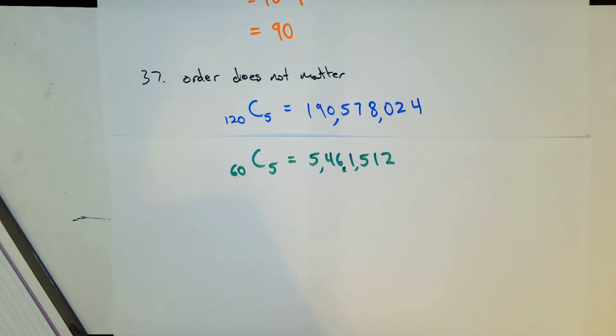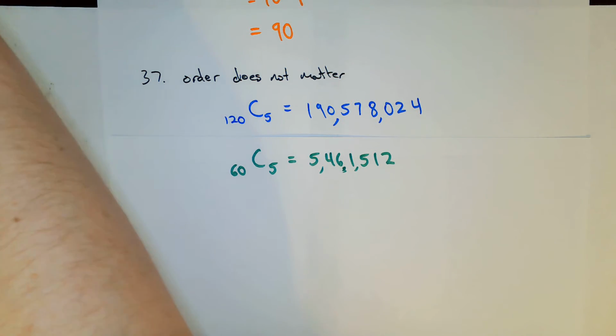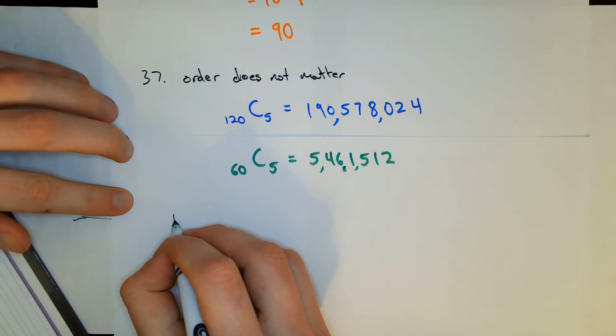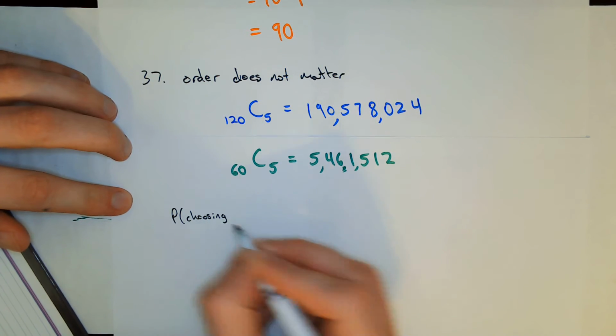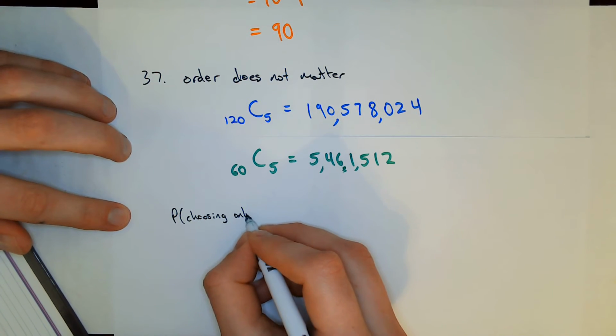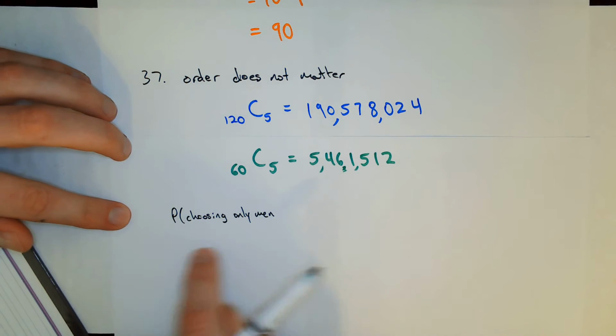It's a lot. But what is the probability then? What is the event here that I'm trying to measure? Choosing only men. This is going to be a long event.